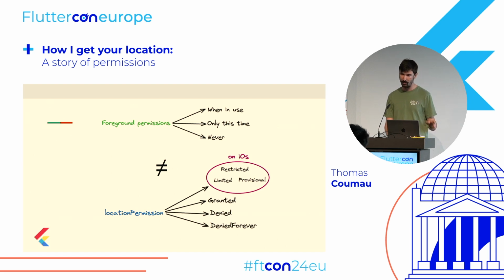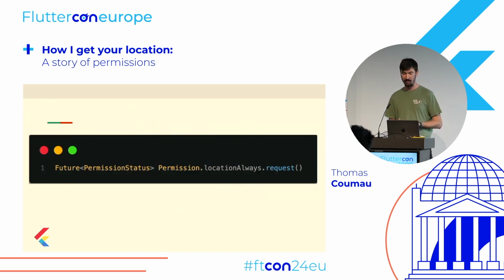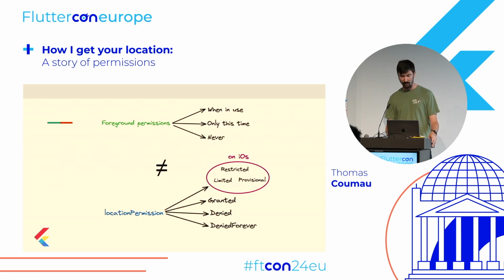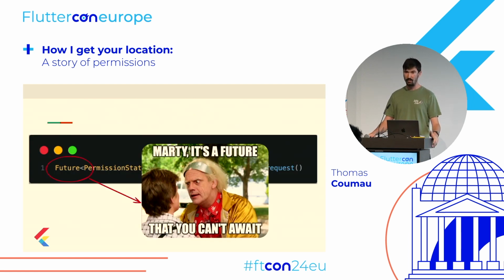Okay, but we have another problem. If you look at this method, it looks pretty fine because it's basically the same as when you ask for location when in use. But the problem is that here, it's a feature that you cannot await because of some iOS problem where, when the location always modal is popped, the status is notified natively only if the user decided to change the status.